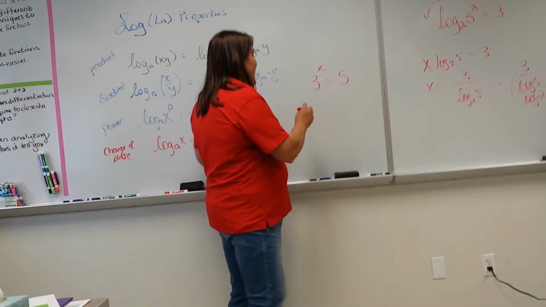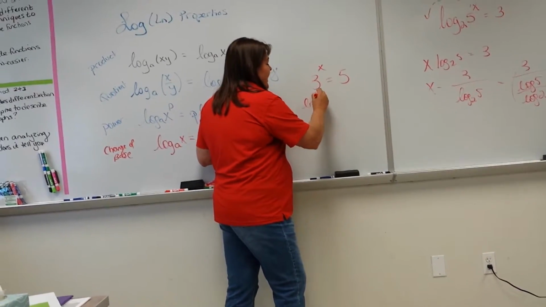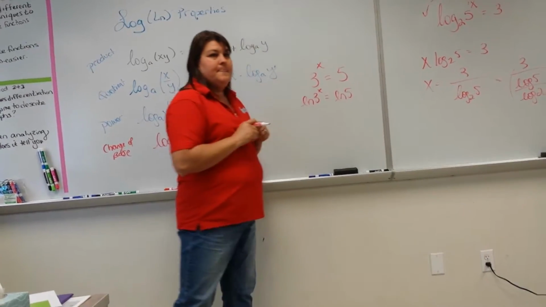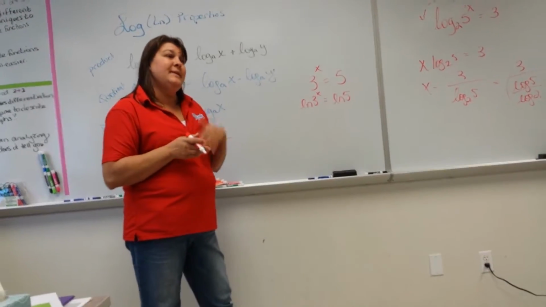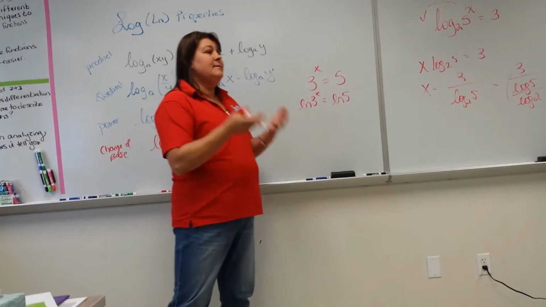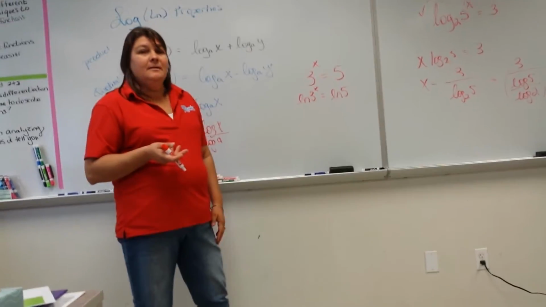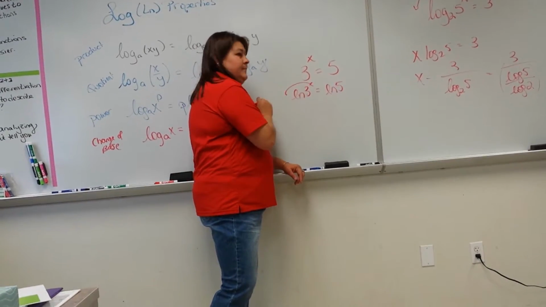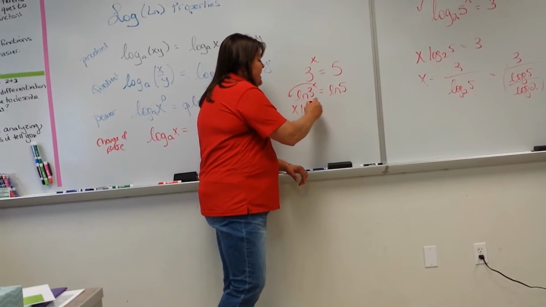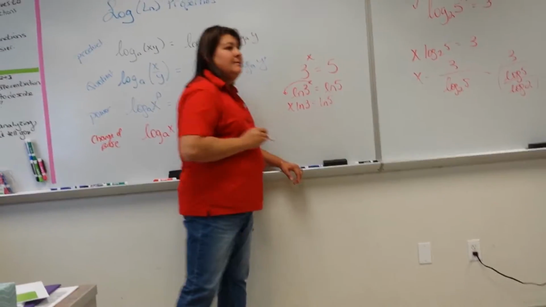So I would say natural log of 3 to the x equals natural log of 5. Did that make sense? If I did it to one side, I did it to the other, I'm good to go. Now, what would the next step naturally be? Bring the x to the front. So I have x times natural log of 3 equals the natural log of 5.